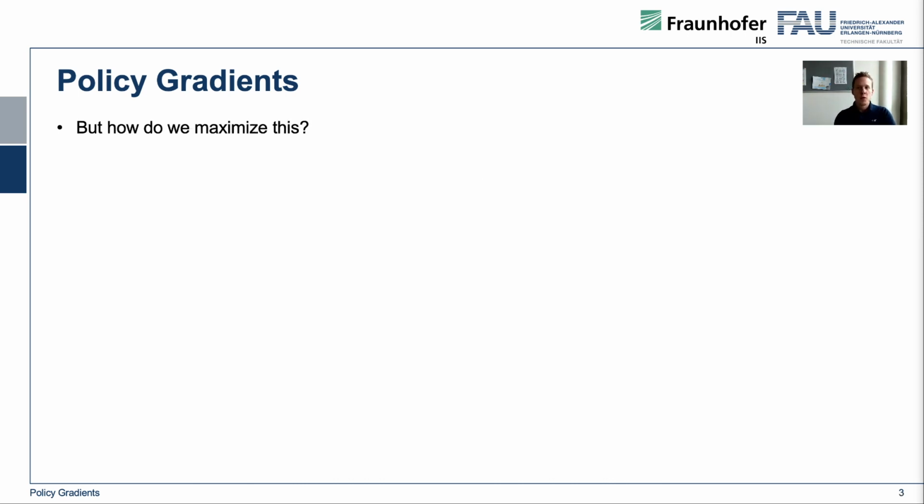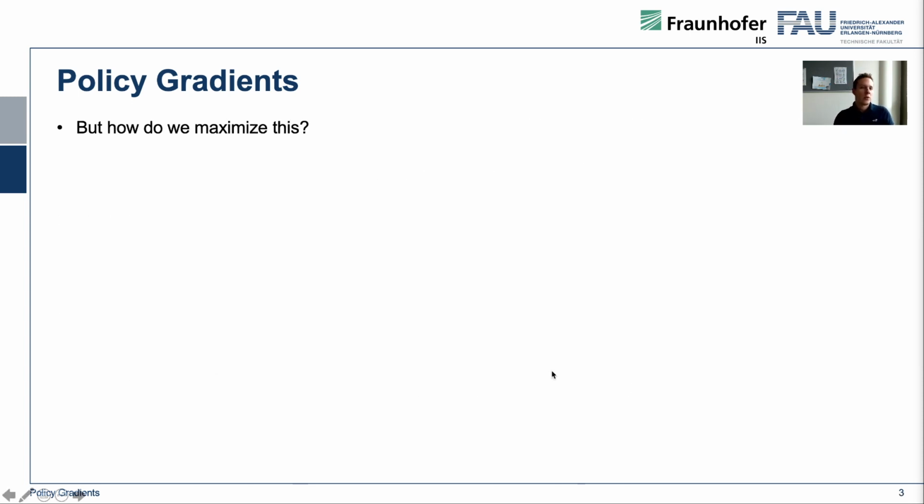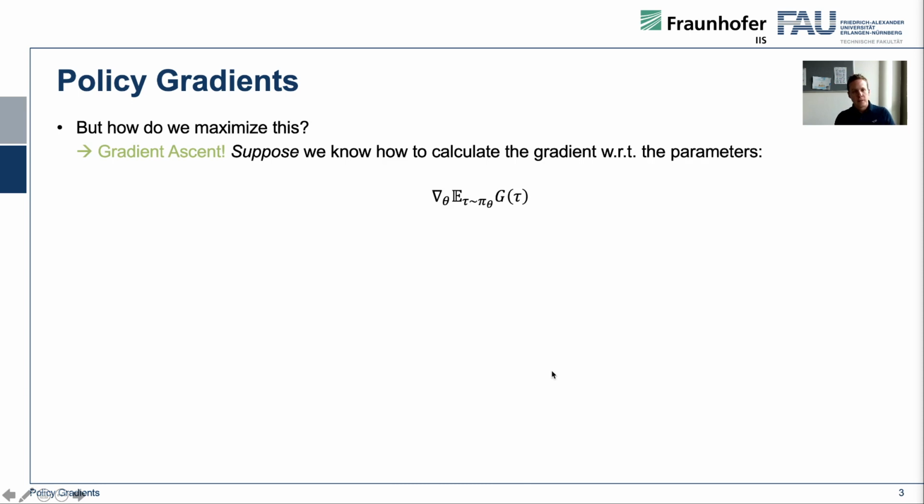And the question is, how can we maximize this target? While this seems like a difficult thing to do, which it is, of course, let's start step by step. How do we maximize? In general, we do gradient ascent. Now, suppose we knew how to calculate the gradient of the return with respect to the parameters.